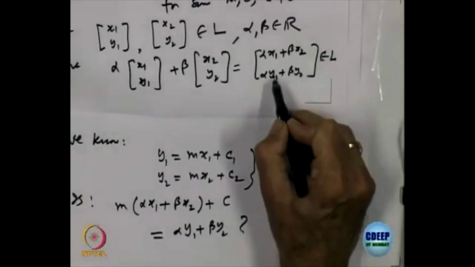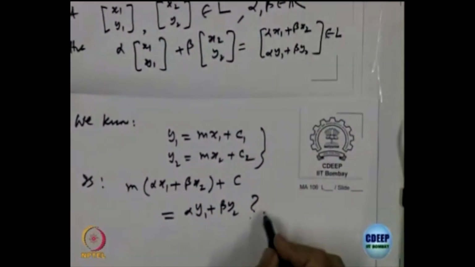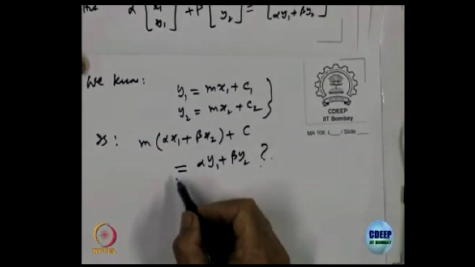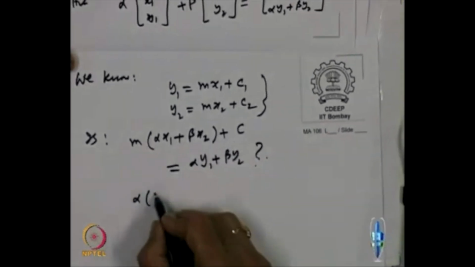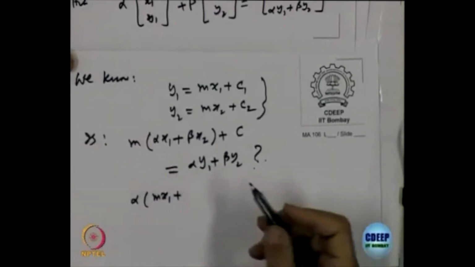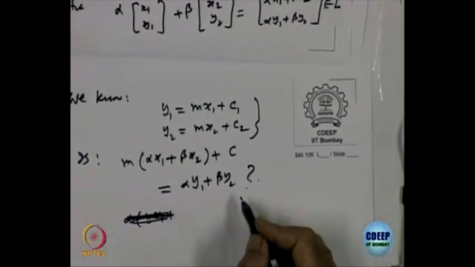If this point has to belong to L, then what should be the condition? The y component should be equal to m times the x component plus c. So can I say this is true? Let me just ask you instead: do you think this will be true?